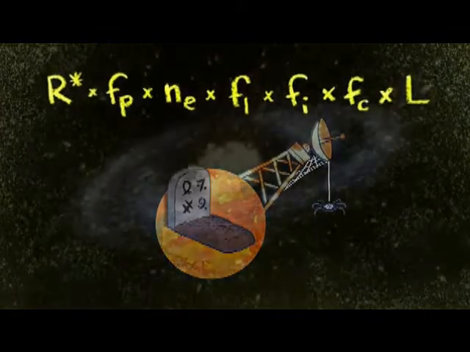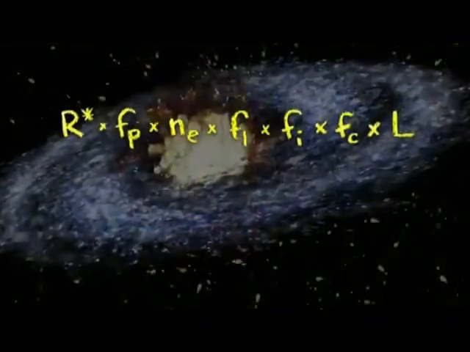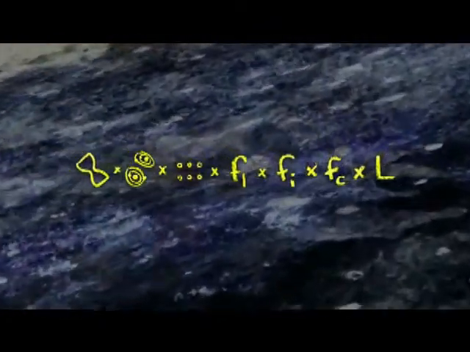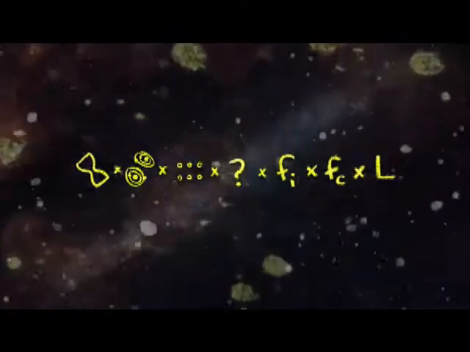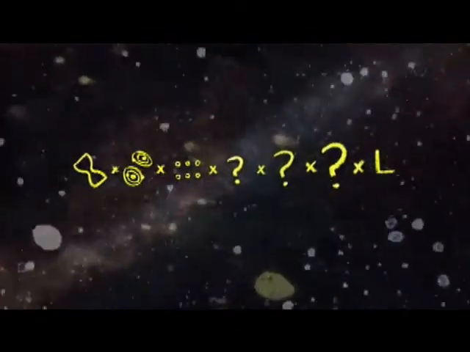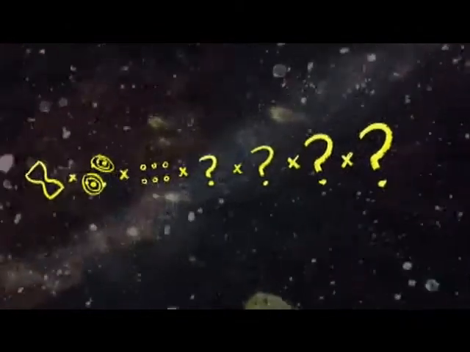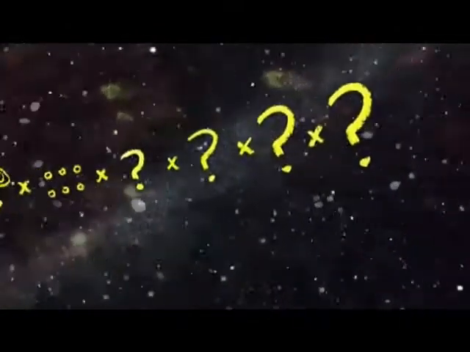Astronomers are now almost able to tell us what the product of the first 3 terms is. We're now finding exoplanets almost everywhere. The fractions dealing with life and intelligence and technological civilizations are ones that many experts ponder, but nobody knows for sure.